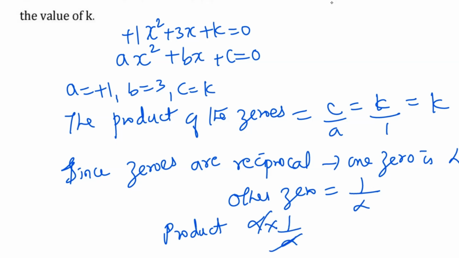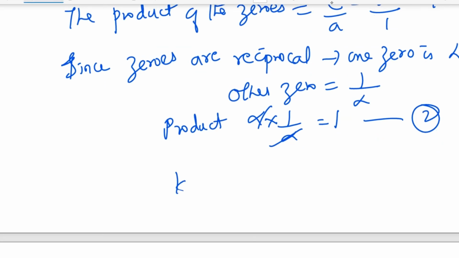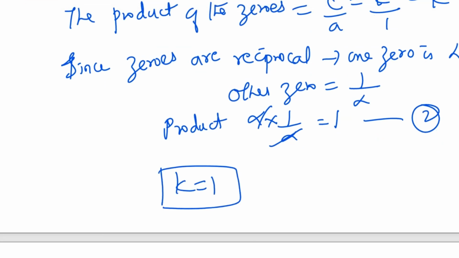If you cancel both, you get 1. The product is equal to 1. We call this equation 2. Then comparing 1 and 2, we can write that k is equal to 1. Comparing 1 and 2, we get k value as 1.